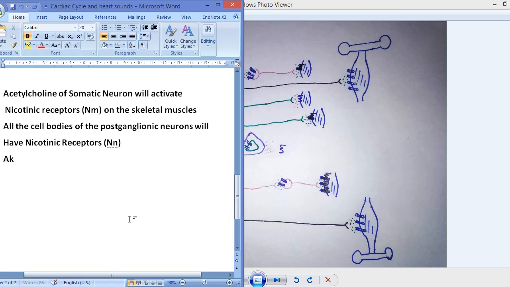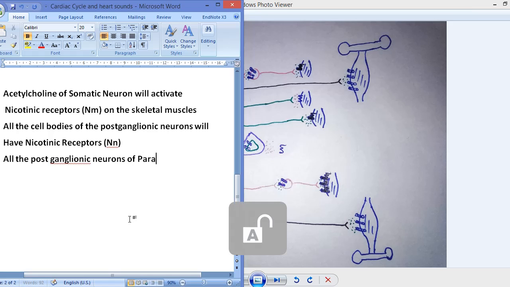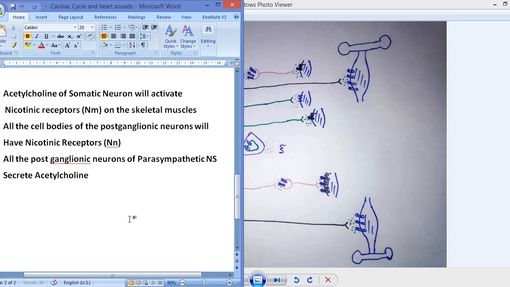All the postganglionic neurons of the parasympathetic nervous system secrete acetylcholine, and that acetylcholine binds with muscarinic receptors.